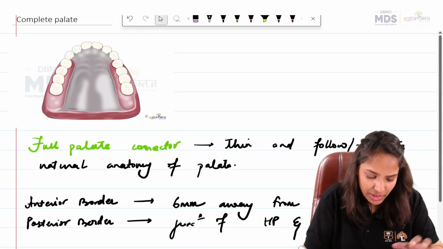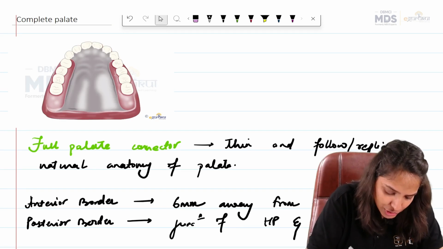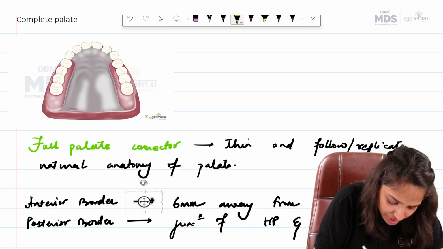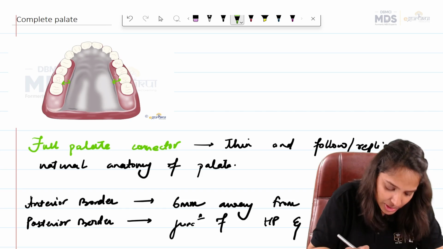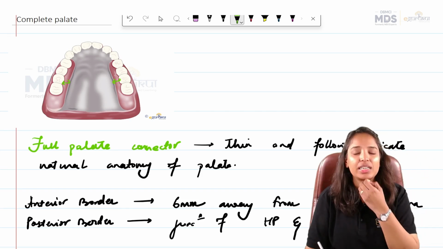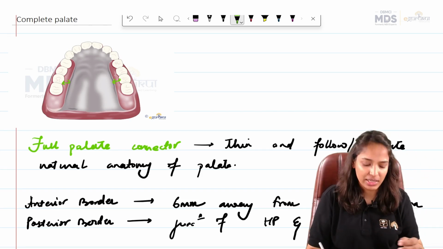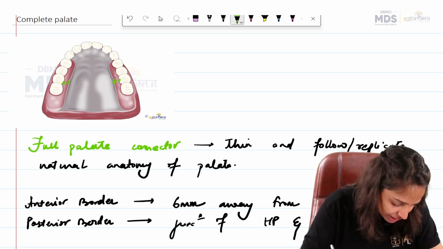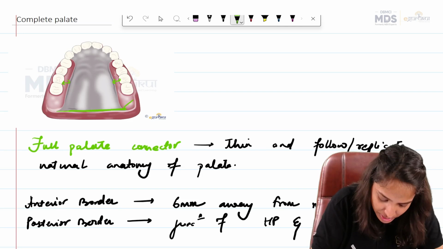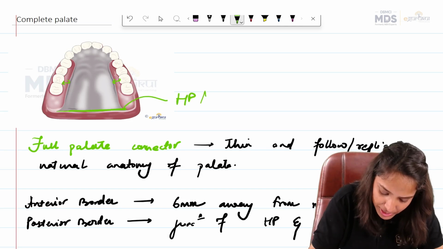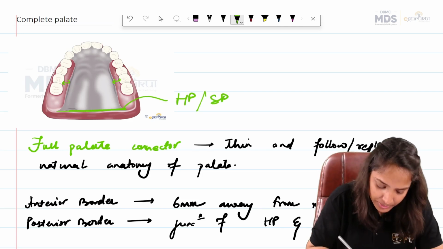So let us look at it in the image over here. It has to be 6 millimeters away from the marginal gingiva, as we have seen here. Anteriorly, it can extend up to the cingulum of the anterior teeth, providing it adequate relief underneath.